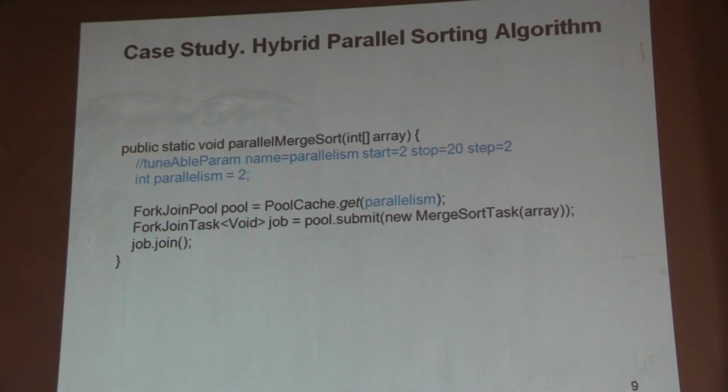On the high level, there was a parameter, number of threads, this variable. And the hint for the autotuner framework is this comment. So what does it say? It says that it should probe all program variants with parallelism values from 2 to 20, and the step should be 2.